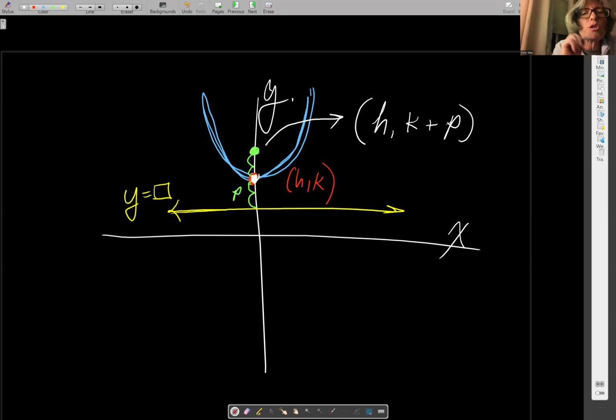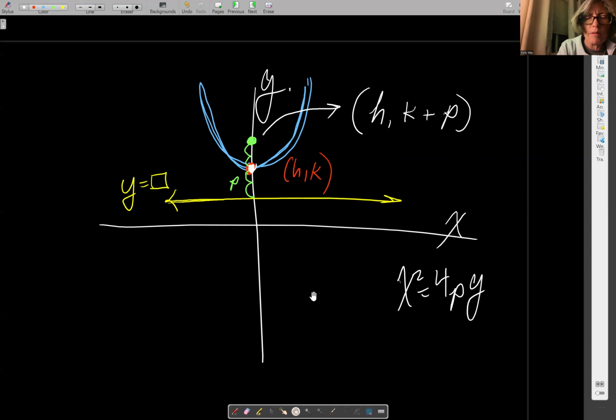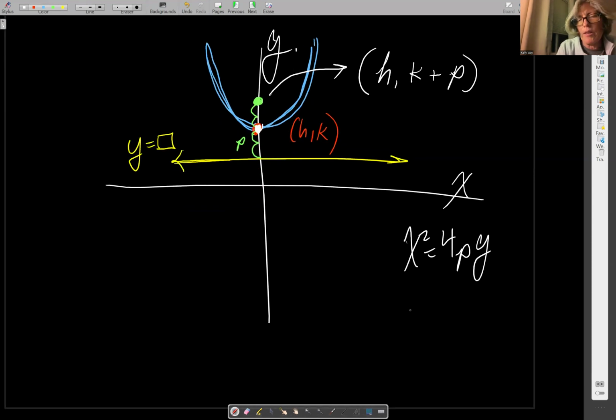All right, so there's going to be two equations that are related to this, and you're going to want to write these on your card. You're going to have one version, which is x squared equals 4py, and then you have y squared equals 4px.